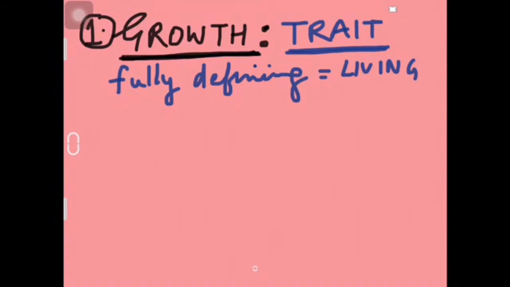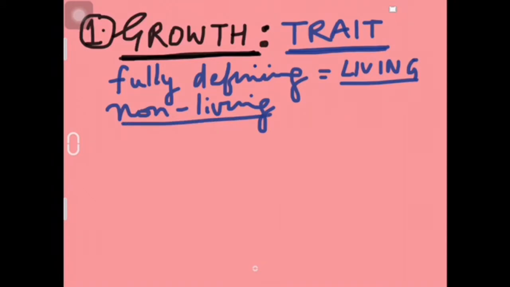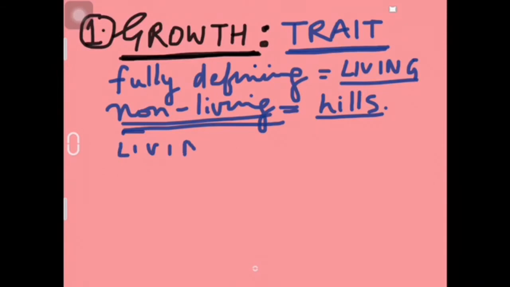We said that living organisms show growth, but there are certain non-living things also which do show growth. For example, those hills, remember? So these are examples of non-living things showing growth. Hence, growth is a very dubious, very strange feature. Can we rely on growth for differentiating between the living and the non-living?